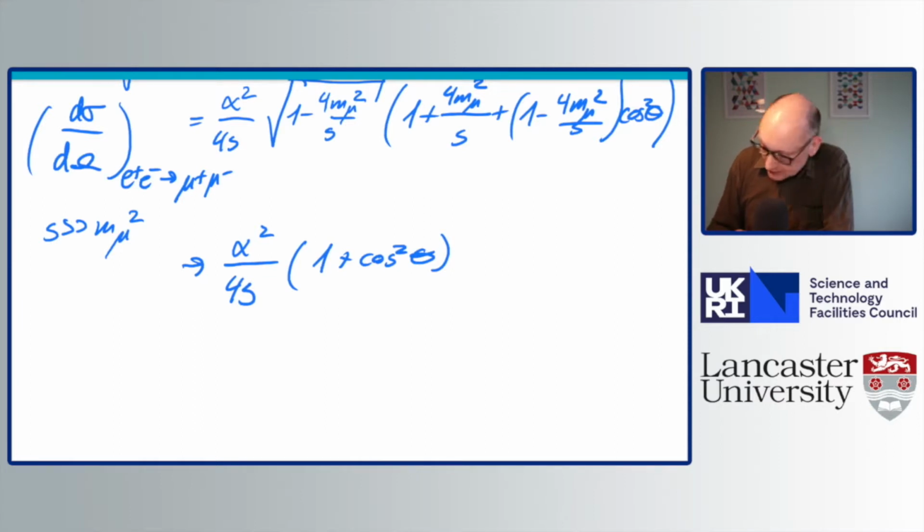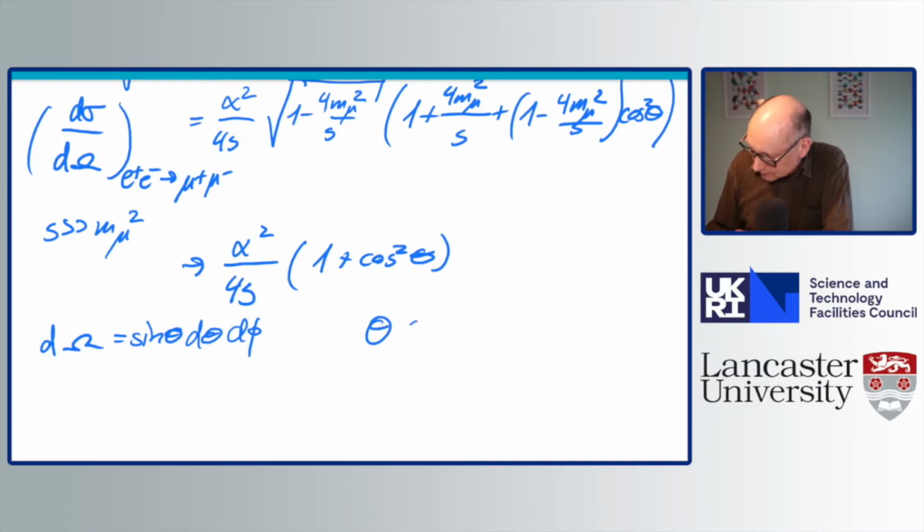We remember that dΩ is equal to sin θ dθ dφ, where θ runs between 0 and π, and φ is in 0 to 2π. φ is the azimuth, and θ here is the polar angle.